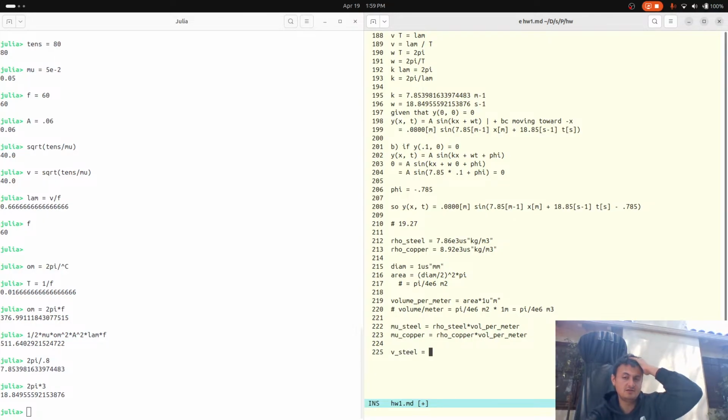So V steel is going to be the square root of the tension divided by mu steel.